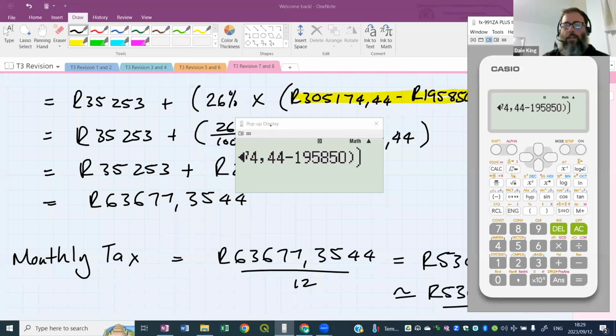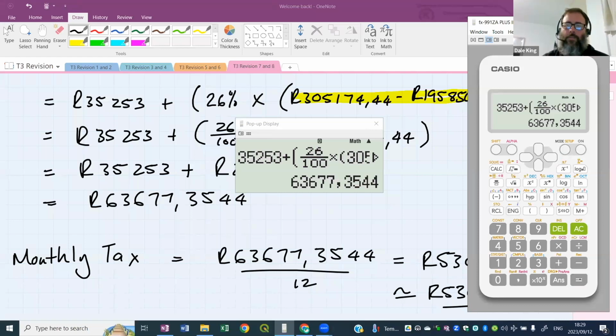So there's two brackets here. So if I move along back in the calculator, that big bracket there is to hold the 26%, and then the small bracket here is to hold the 305,000 minus 195,000. At the end of the line, you've got to have two brackets to close off. That should give us the same answer. Yep.